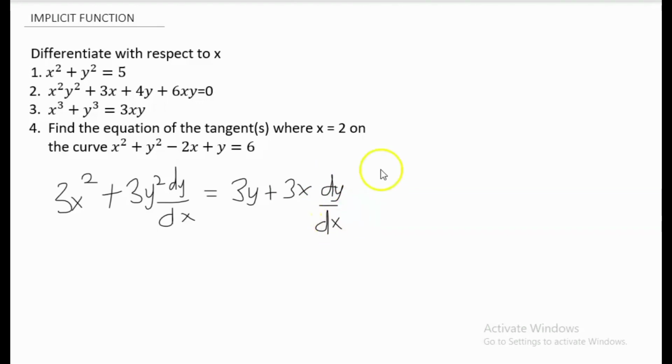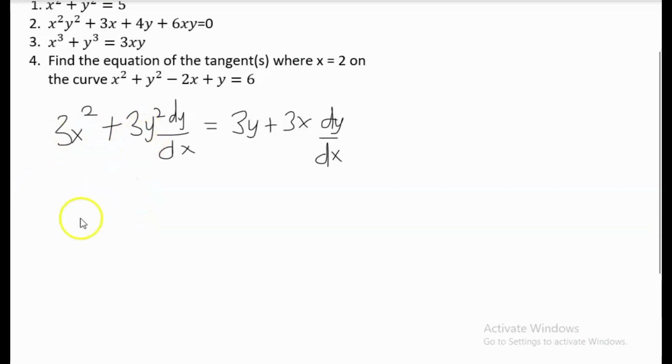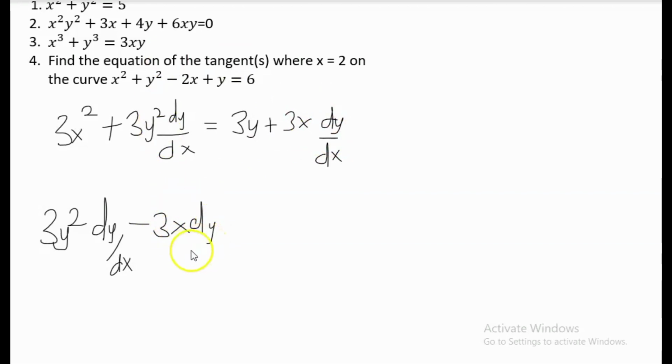Okay, so now what we want to do, remember we're looking for dy dx, so let's bring all the terms that have dy dx to one side, so it's easier to factorize it out and then find dy dx. So we're going to have 3y squared dy dx minus 3x, that's this, we're taking it over here, 3x dy dx equal to 3y, okay, take minus 3x squared to the other side, so that's minus 3x squared.